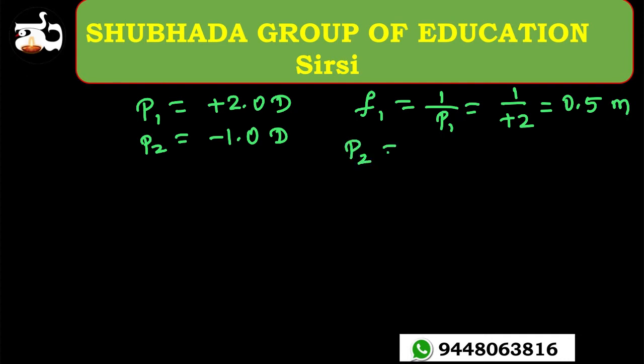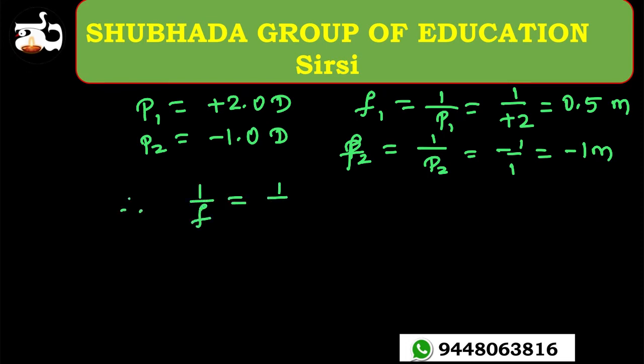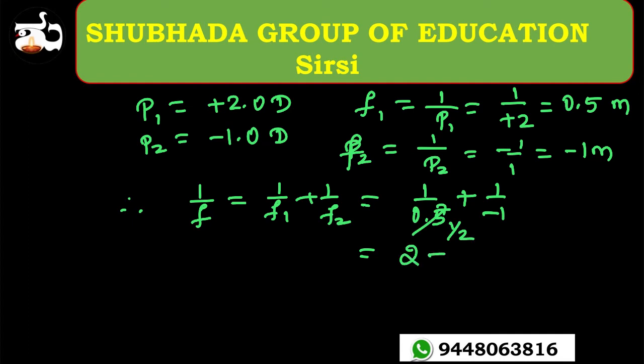So P2 equals 1 divided by F2, so F2 is minus 1 divided by 1, that is minus 1 meter. Now two lenses are in contact, so the equivalent power must be equal to 1 divided by F1 plus 1 divided by F2. That will give you 1 divided by 0.5 plus 1 divided by minus 1. That will give you 2 minus 1, which gives you 1 as the right answer.